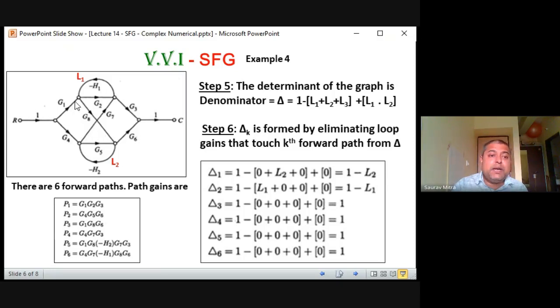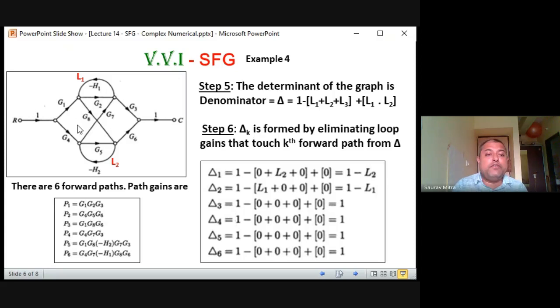That means this forward path G1 G8 G6 is actually touching all the three loops. That means 1 minus all the loop gains have to be made 0. That means delta 3 you will find as 1.